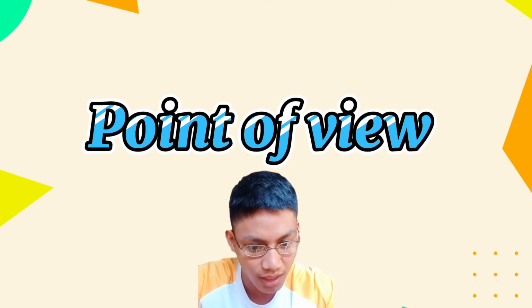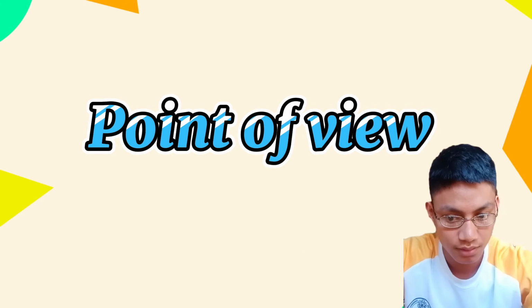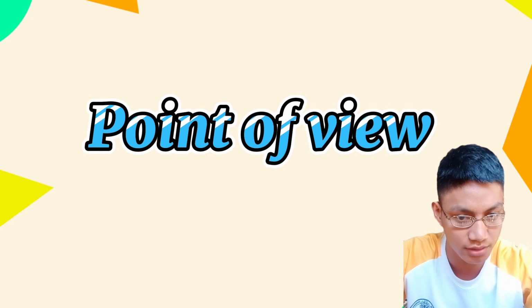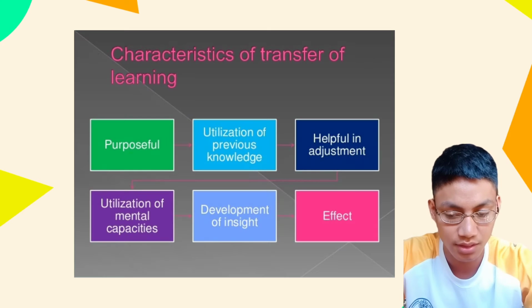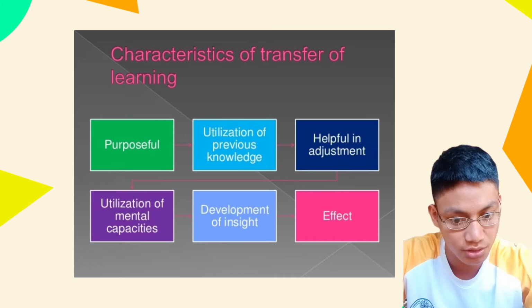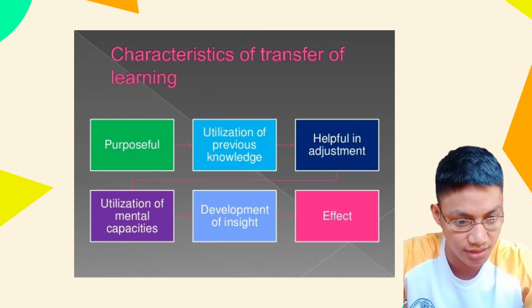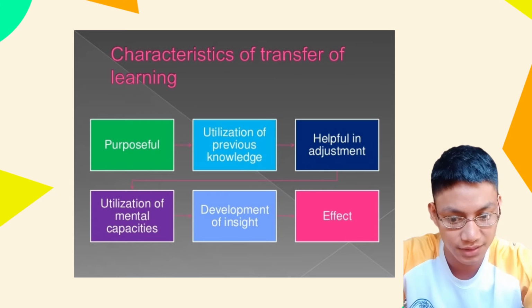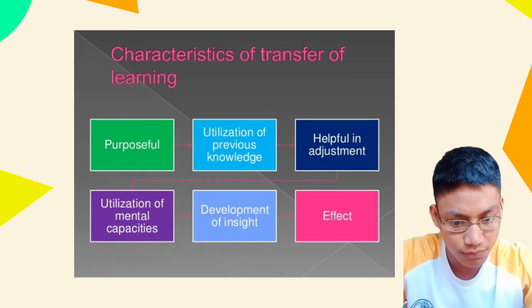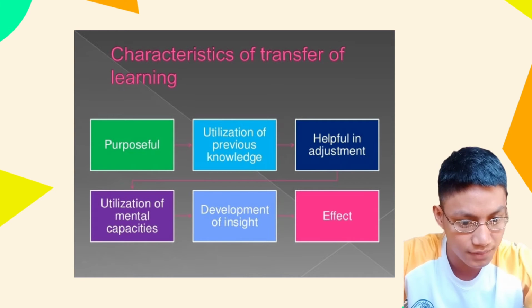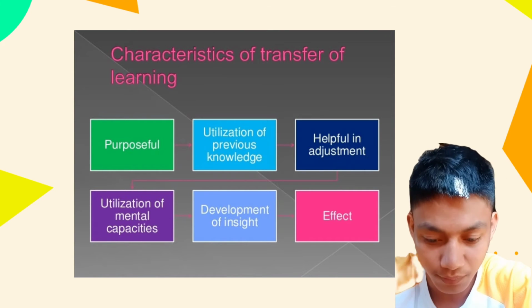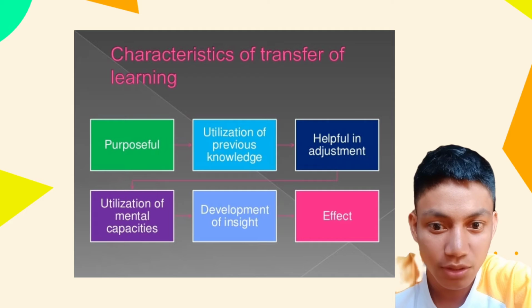The foundation of types of transfer is processing relevant information, knowledge, and skills that tend to emphasize learners' performance. The characteristics of transfer of learning are: purposeful, utilization of previous knowledge, helpful in adjustment, utilization of mental capacities, development of insights, and the effect.